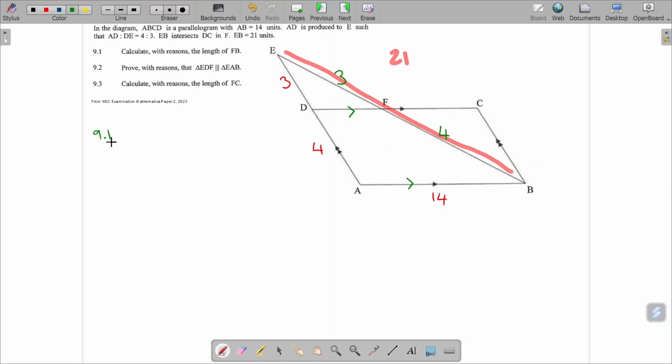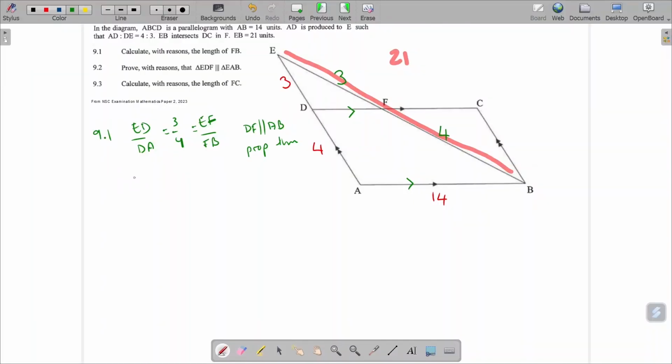So 9.1, we know that ED to DA, which is 3/4, is also equal to EF to FB because DF is parallel to AB, and it's the proportion theorem.